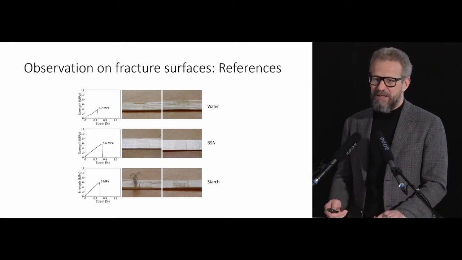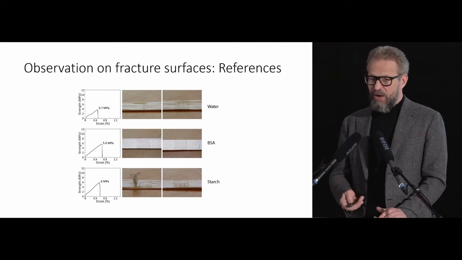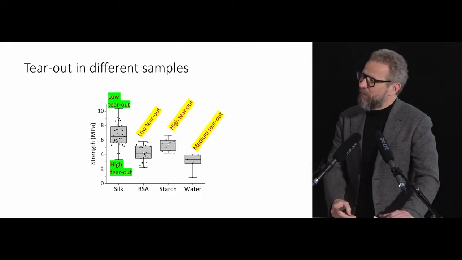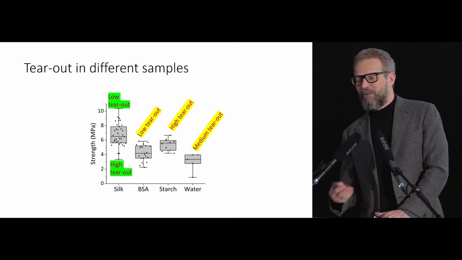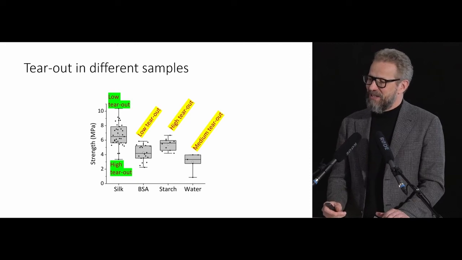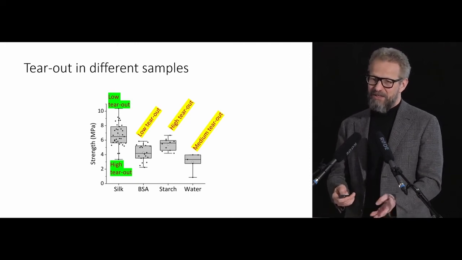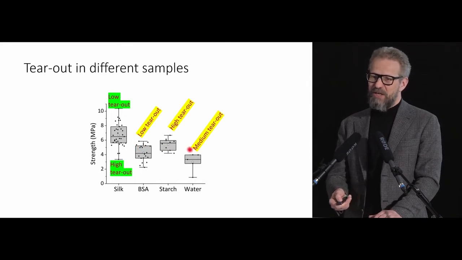So we didn't really understand the logic here: silk samples showed low tear out for strong ones and high tear out for weak ones, but that doesn't correspond to the other ones overall.